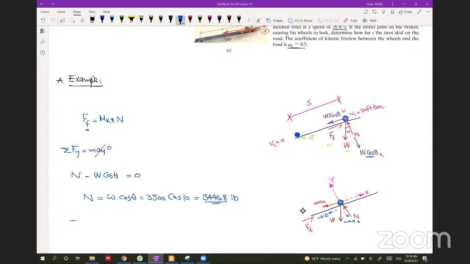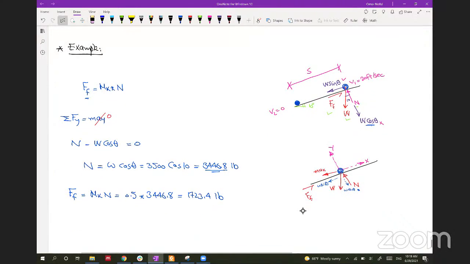So right now I can calculate the friction, which will be equal to mu_k multiplied by N, and mu_k is 0.5 multiplied by 3,446.8. And this should give you 1,723.4 pounds.